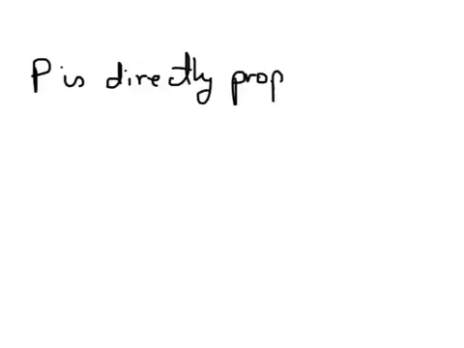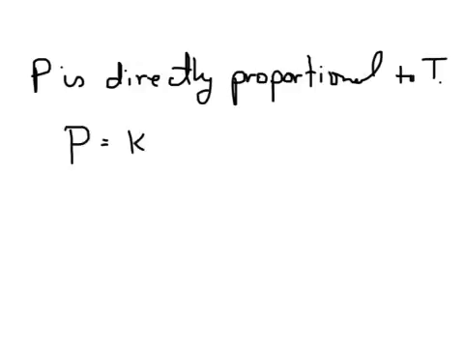Directly, it says P is directly proportional to T. Okay, so again, it's P equals kT in this situation, because we have varies or directly proportional, so we're going to use the direct equation there.